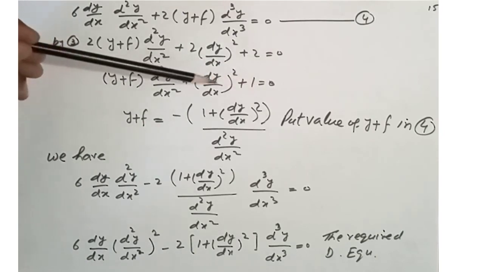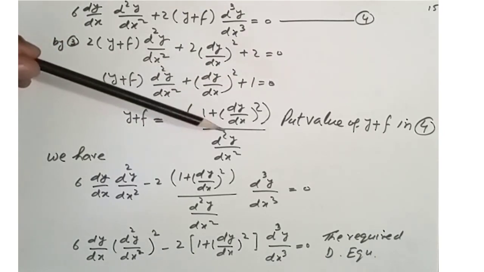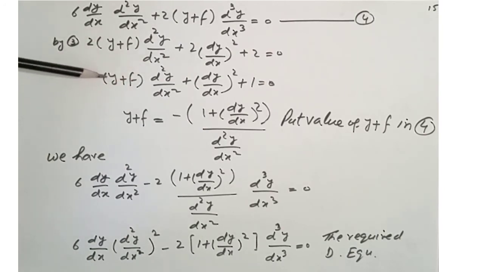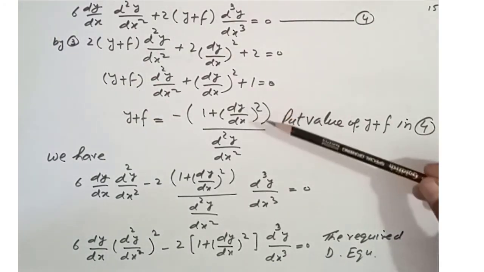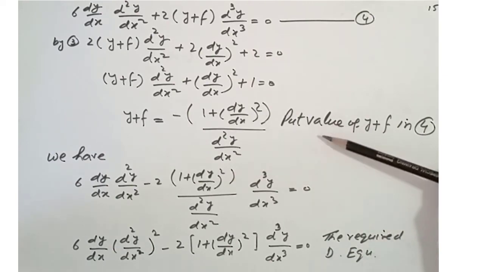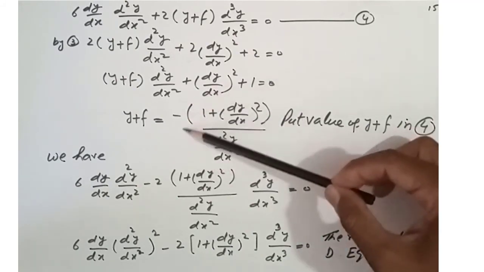Now take this term to the right side. This is minus 1 plus dy by dx square, and divide this term by this term. We have the value of y plus f equal to minus 1 plus dy by dx square over d2y by dx square. Put this value of y plus f in equation number 4. In this place, we put this value of y plus f.